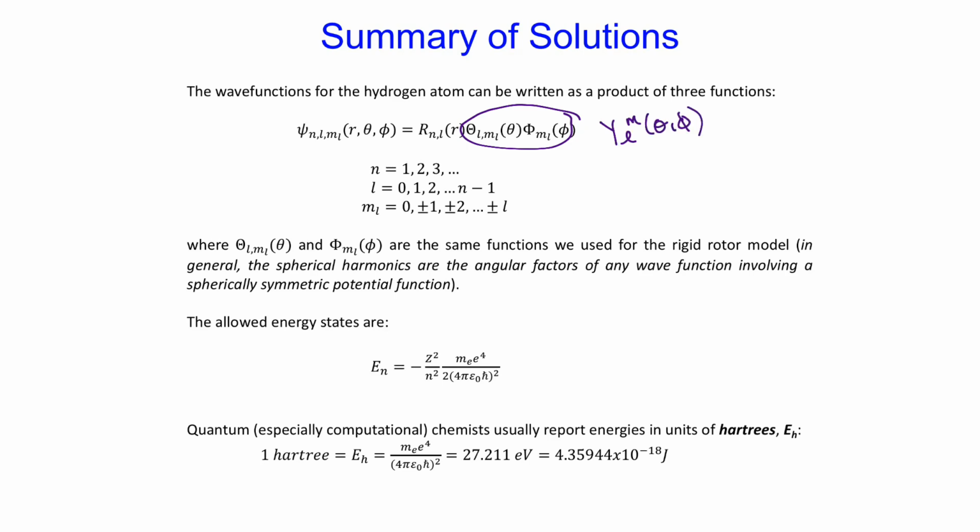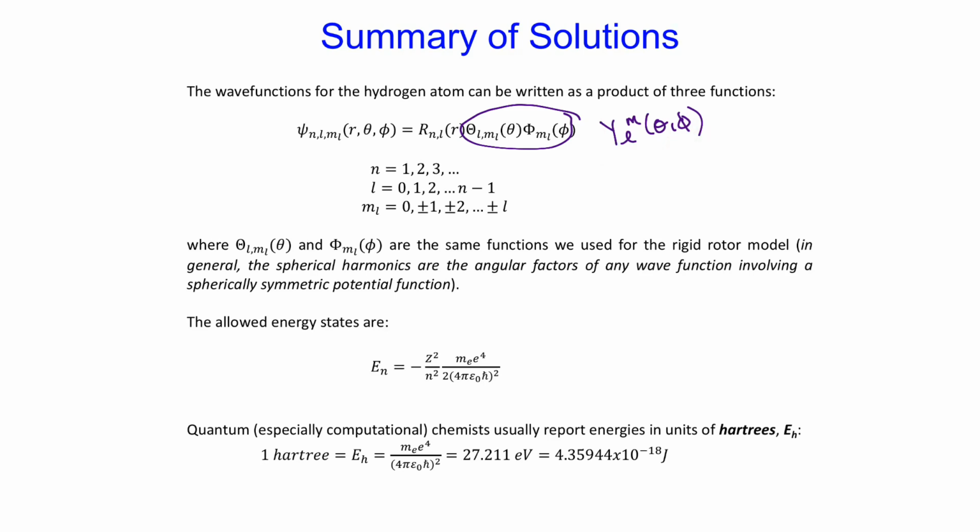We see that we have dependence now on 3 quantum numbers. Those quantum numbers arise naturally out of solving the Schrodinger equation for these different parts of our wave function. We've already encountered the L and the M sub L when we did our spherical harmonics.